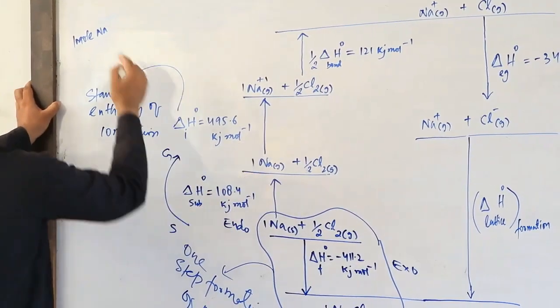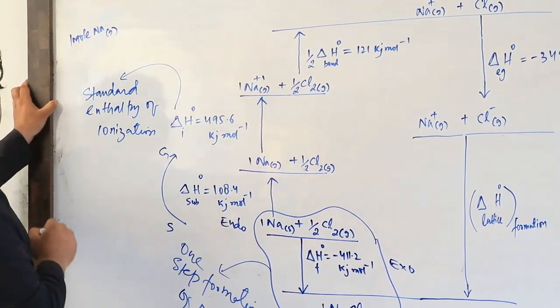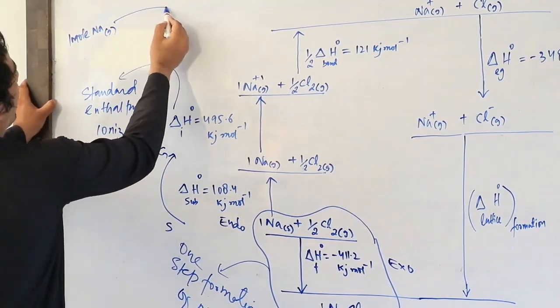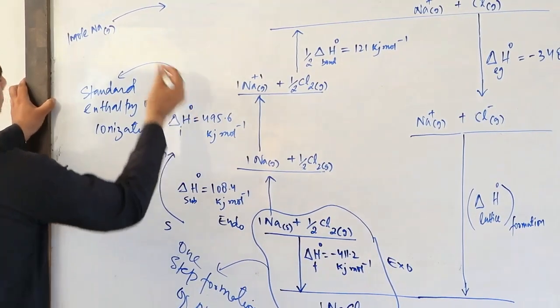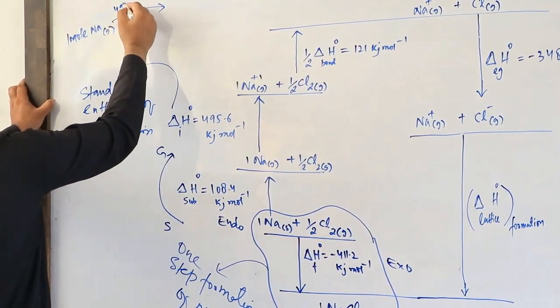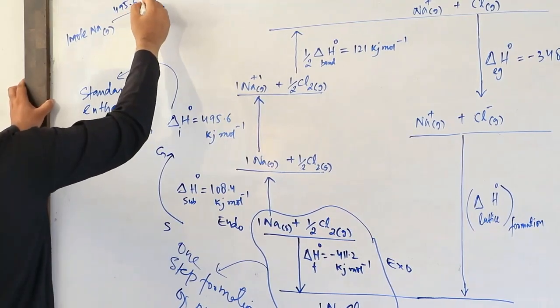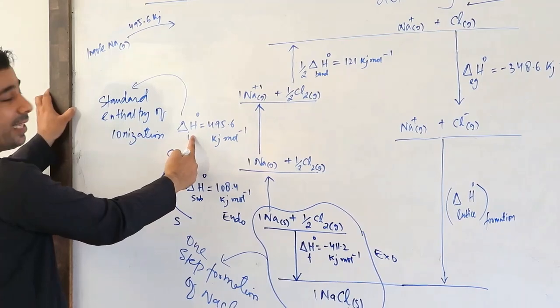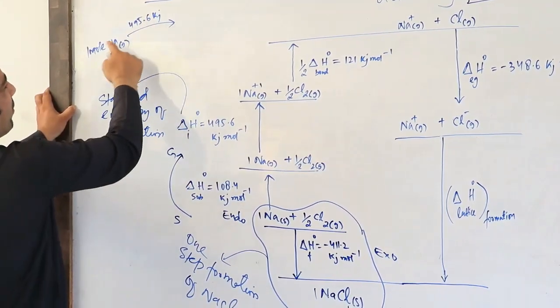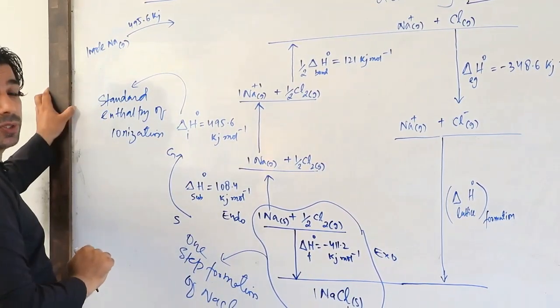In which state? Gaseous state. Then you are applying some energy. How much of energy you are giving? 495.6 kilojoules of energy you are giving. This energy is your standard enthalpy of ionization. This much of energy you are supplying to 1 mole of sodium.